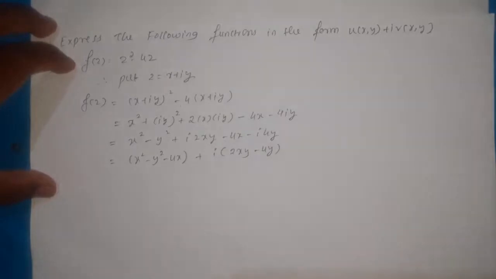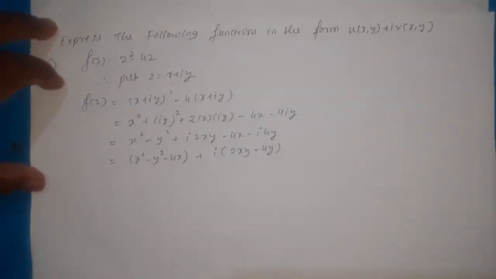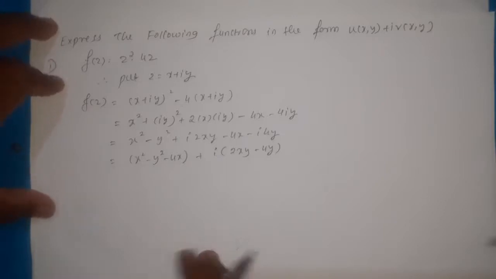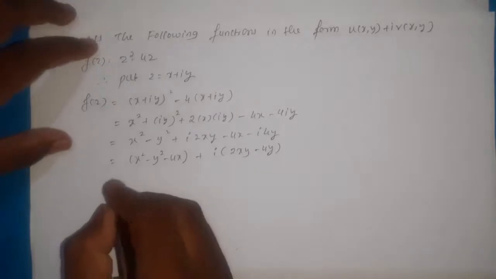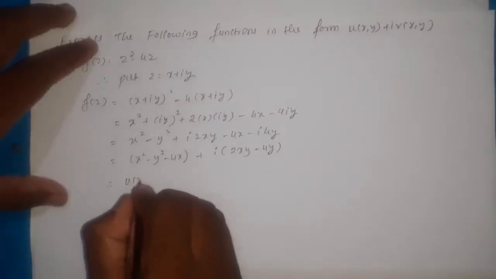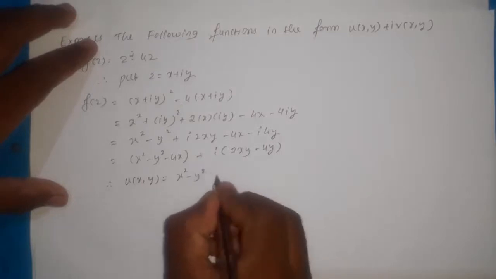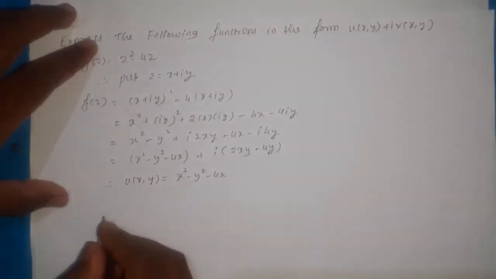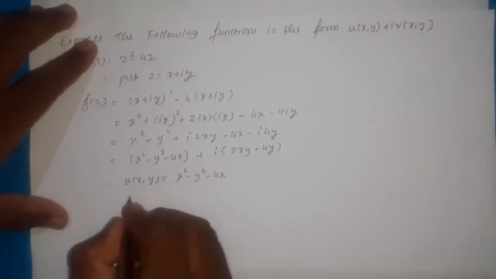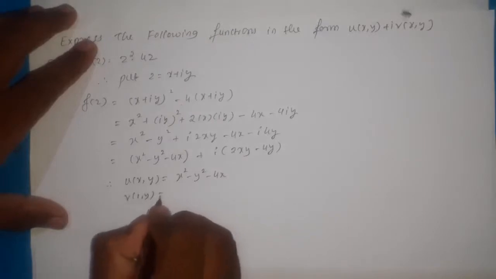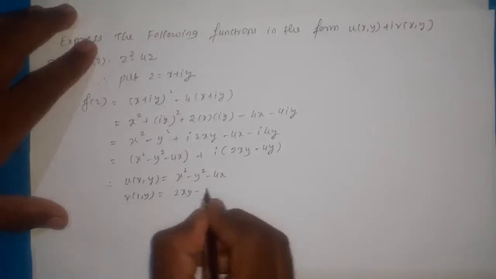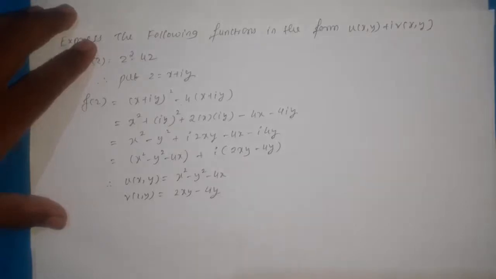Whatever is in the position of the real part is u of x comma y, and the imaginary part is v of x comma y. So u of x comma y is equal to x square minus y square minus 4x, and v of x comma y is equal to 2xy minus 4y.